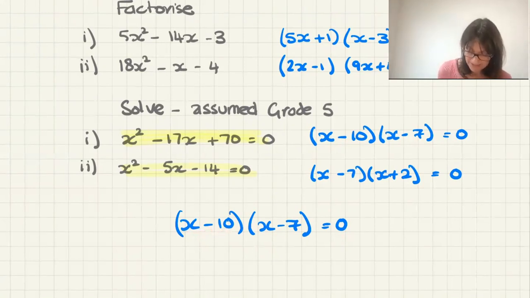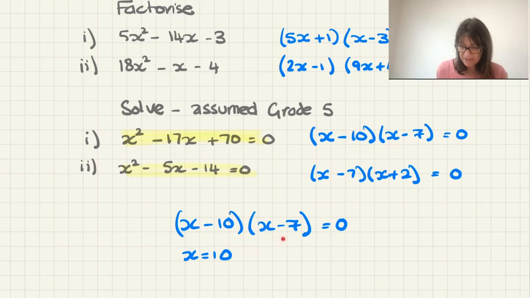That's the question. x would need to equal 10. 10 take 10 is 0. And then I do the same thinking on the other bracket. If this is 0, it really doesn't matter what's going on there. So what is my x got to be to make 0 in that bracket? x would need to be 7. So those would be the solutions to the actual factorized version of my quadratic, so to speak.